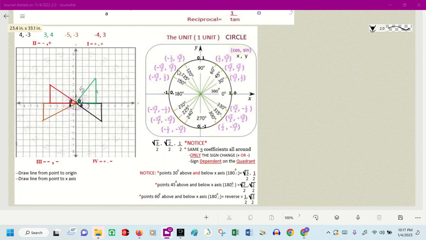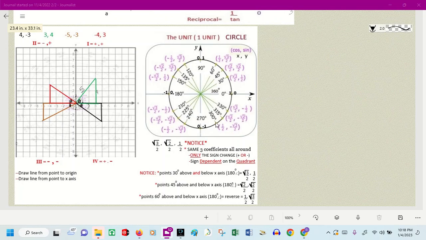So the reference angle on 135 degrees is 45. What is the reference angle on 225 degrees? 225, the reference angle, is also 45 degrees because this is your difference going back to the x-axis, the closest x-axis. Okay, if you're given an angle of 300, what is your reference angle?